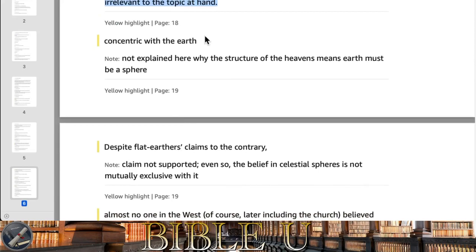He says later on the page, by the 4th century BC, heavenly spheres concentric with the earth had become an integral part of cosmology in the West, and will remain so for 2,000 years. This is not explained here, why the structure of the earth must be a sphere, or why the structure of the heavens means earth is a sphere. You can be on a flat plane and have something turn all around you.